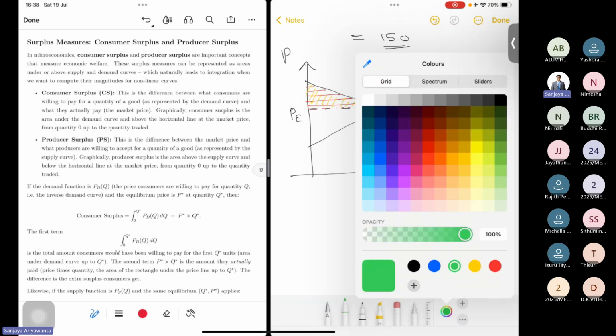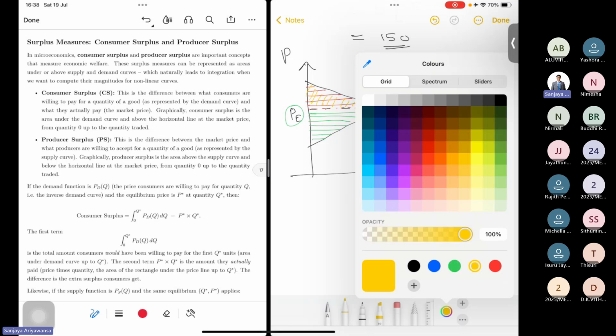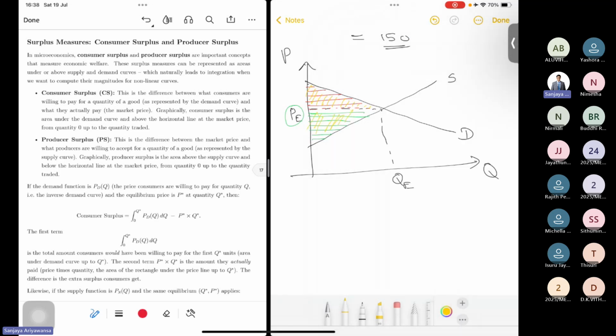Whereas the producer is willing to sell at these prices for the given quantities, but the market clearing price is PE. So therefore, the producer surplus is given by this area, right?